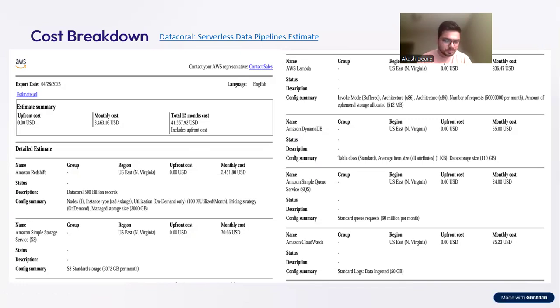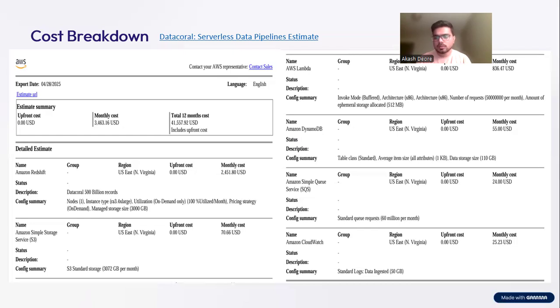AWS Lambda, which is the main service in this architecture, charges in milliseconds of execution time. Then there is S3, which charges per gigabyte of data stored and transferred.